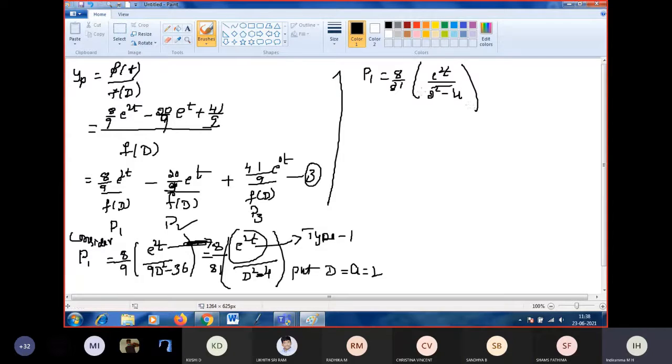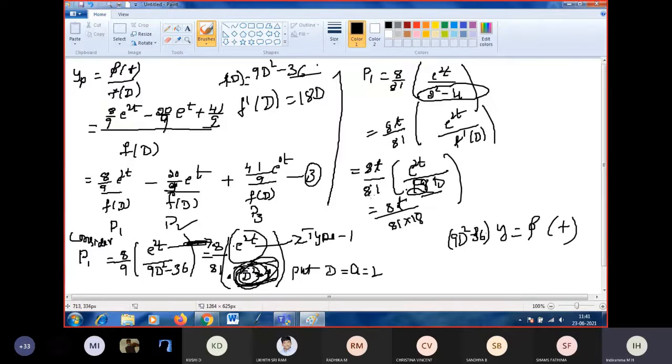The denominator is 0, so multiply the numerator with t, and keep e power 2t by f dash of D. Then 1 over D stands for integration of e power 2t dt.